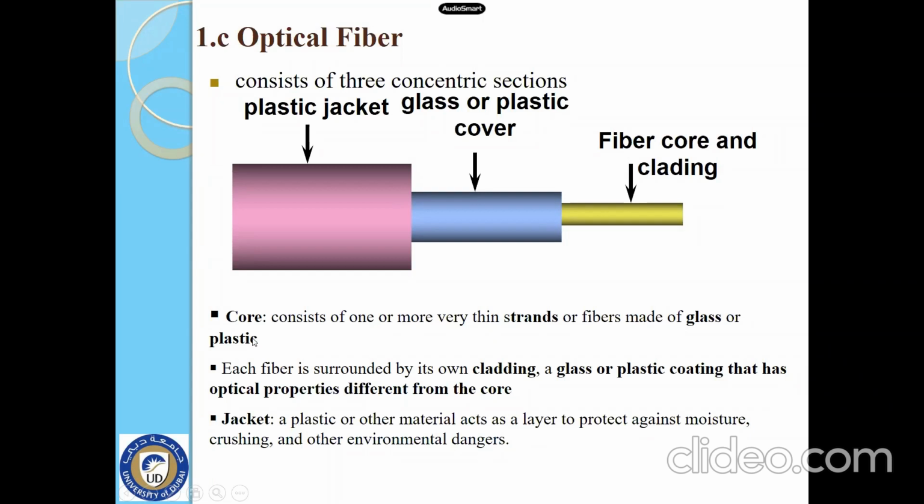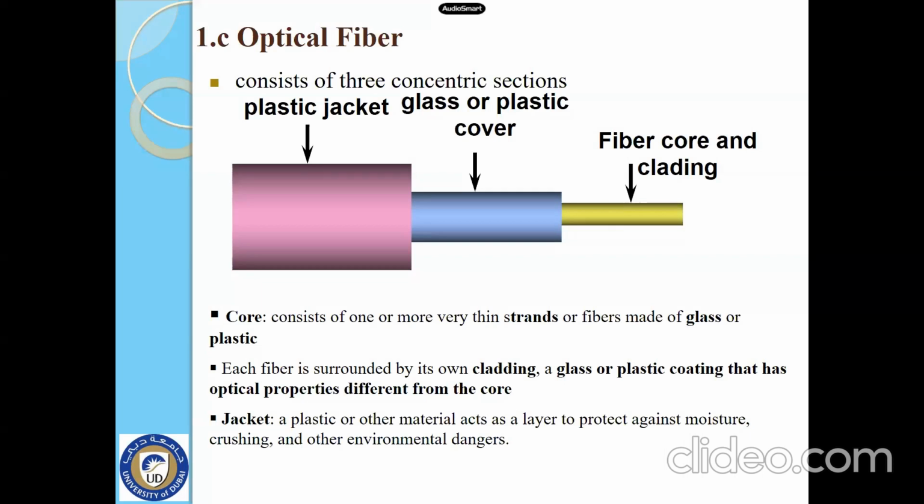One key concept here: in twisted pairs, the signals we send are electric signals. Now, in fiber optics, the signal is light. So the source of the signal is an LED, a light emitting diode. This is the difference between optical fiber and twisted pairs. In twisted pairs the signals are electric, and here the signal is light.